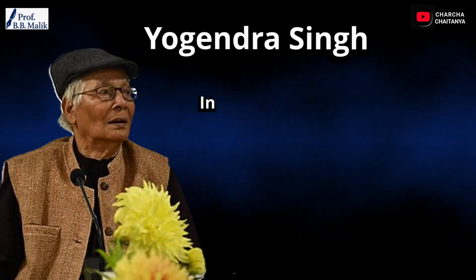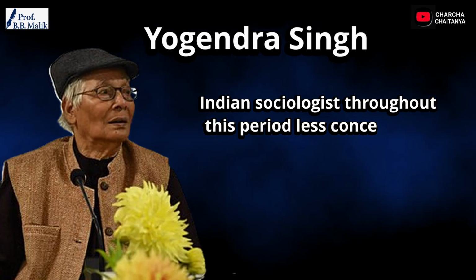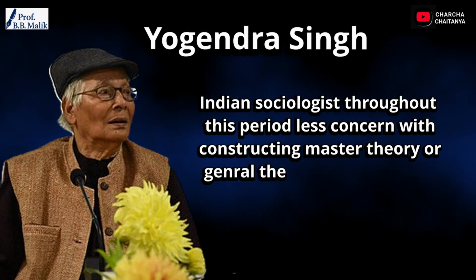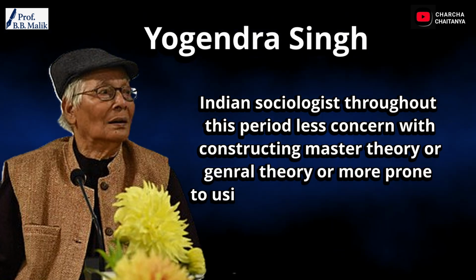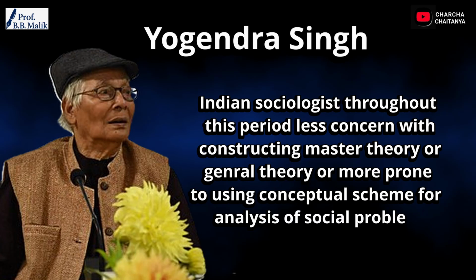Why? Because he argues that Indian sociologists throughout this period have been less concerned with constructing master theories or general theories, and more prone to using conceptual schemes for analysis of social problems.